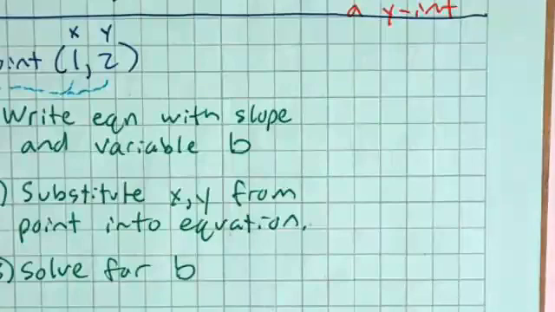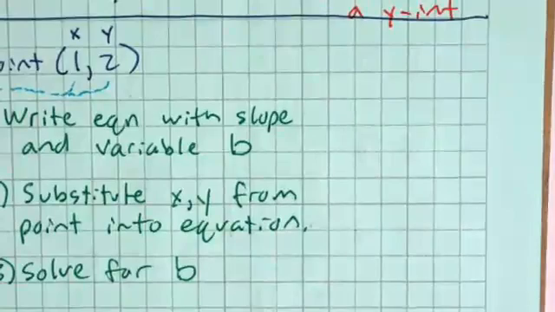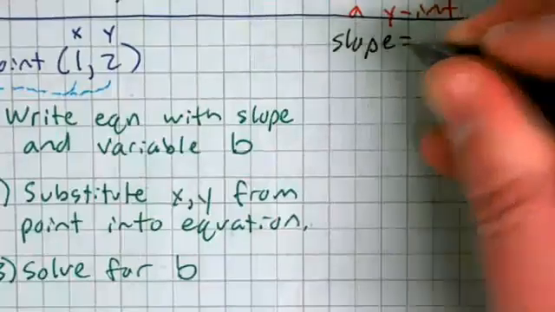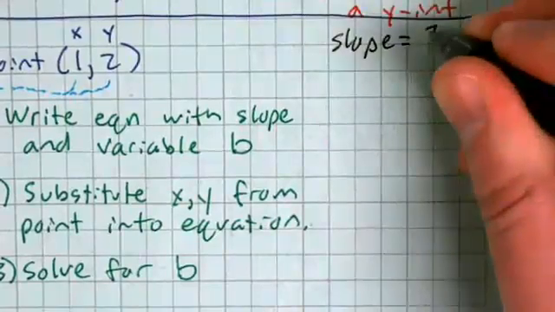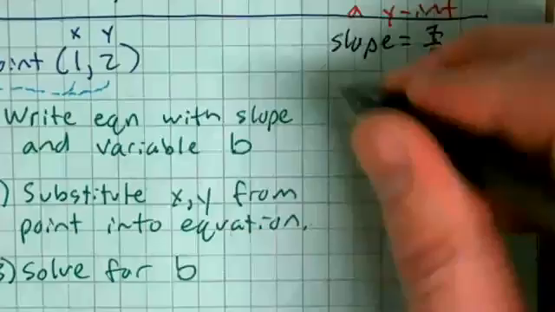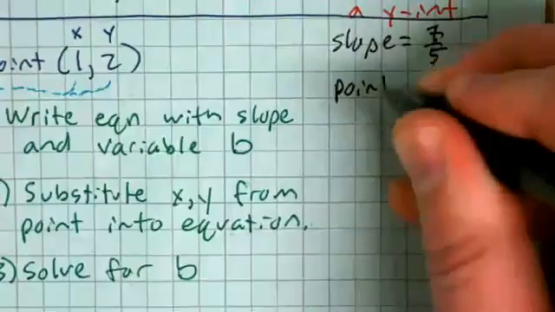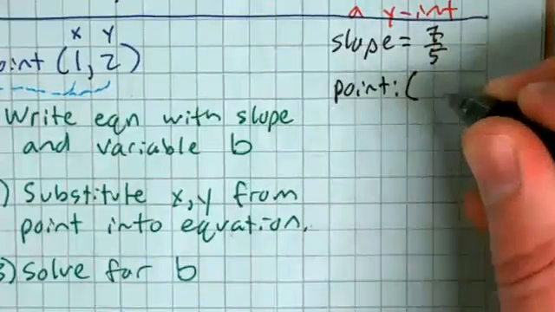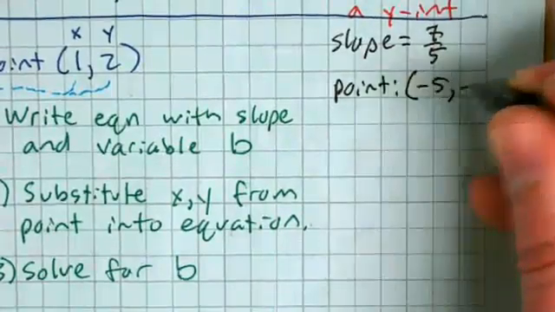So here's my second example. So the slope is 7/5. And the point is -5, -2.